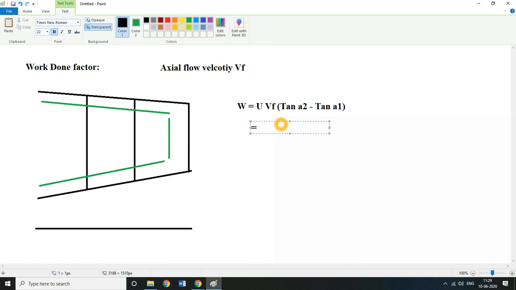Therefore it can be written as U into sigma Vf into tan alpha 2 minus tan alpha 1.